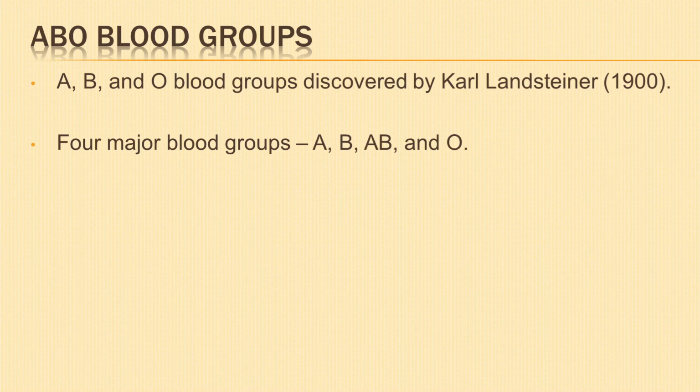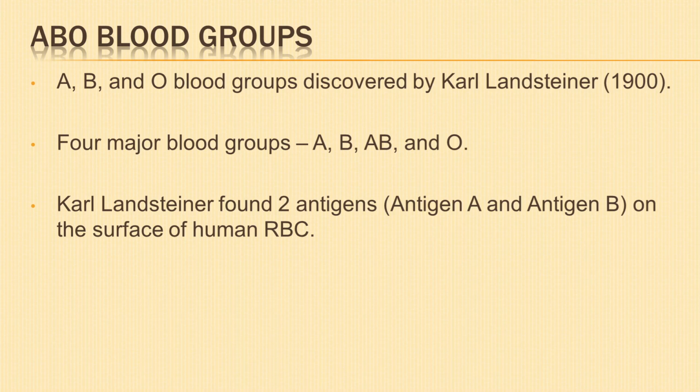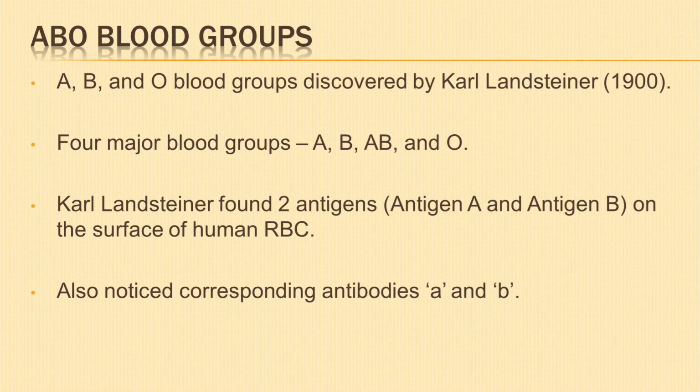There are four major categories within the ABO group: A, B, AB, and O. Karl Landsteiner found two antigens or agglutinogens on the surface of human red blood cells and named them as antigen A and antigen B. He also noticed the corresponding antibodies or agglutinins in the serum and named them A and B.